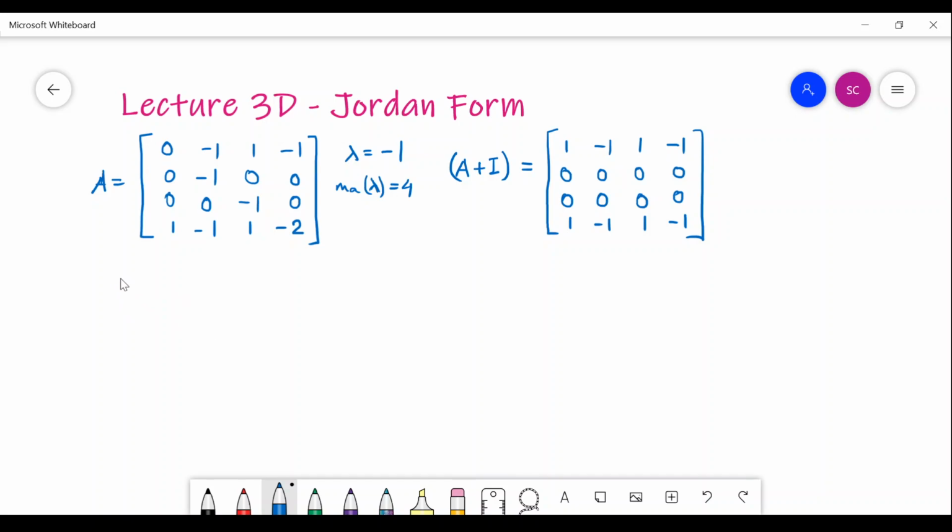Let us see. We do the column operation. This step we have to always do. The first step is the column operation on the columns of A minus lambda I, and after that we have to arrive at a decision whether we have to go with algorithm 1 or algorithm 2, because unless we find out how many Jordan blocks there are, we would not be able to figure out if we are dealing with unequal or equal numbers of Jordan blocks.